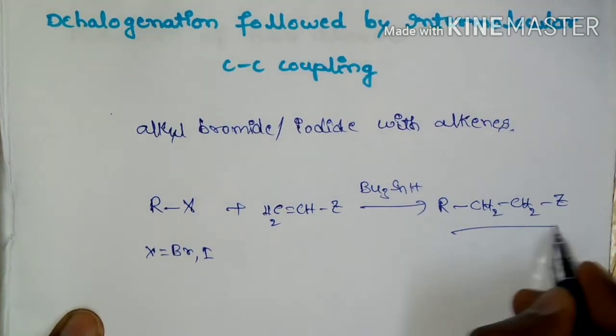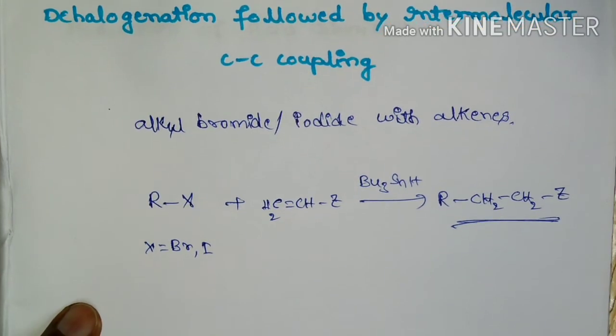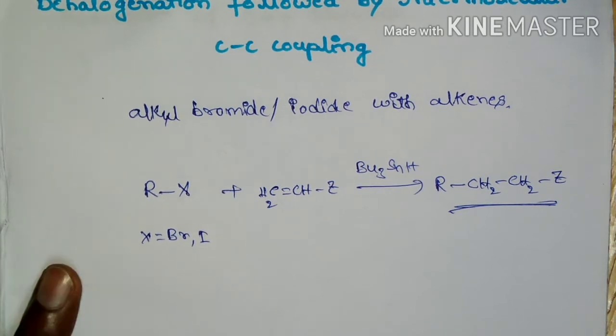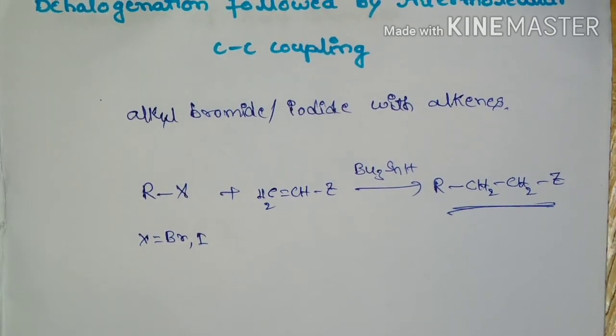Okay, so this is the intermolecular carbon-carbon coupled product which has been obtained by dehalogenation followed by CC coupling.